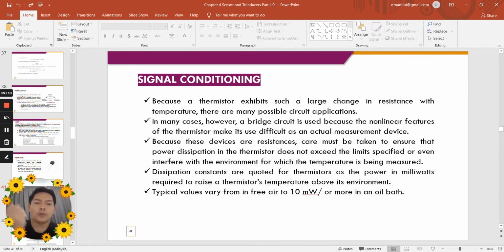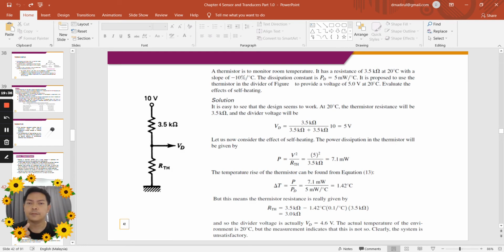Dissipation constants are quoted for thermistors as the power in milliwatts required to raise the thermistor temperature above its environment. Typical values vary from free air to 10 milliwatts or more in an oil bath. So the typical value depends on whether the environment is free air or an oil bath.